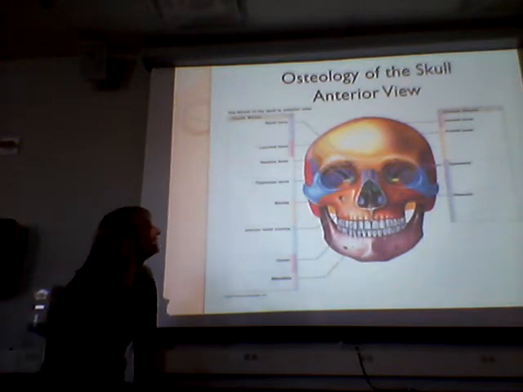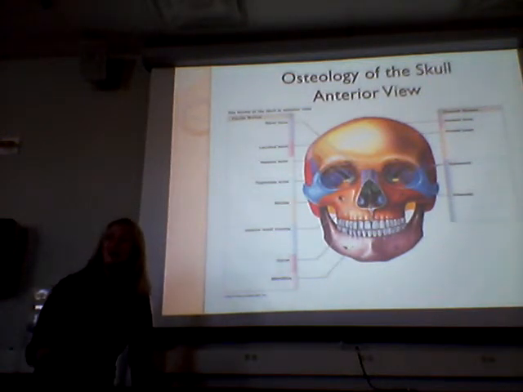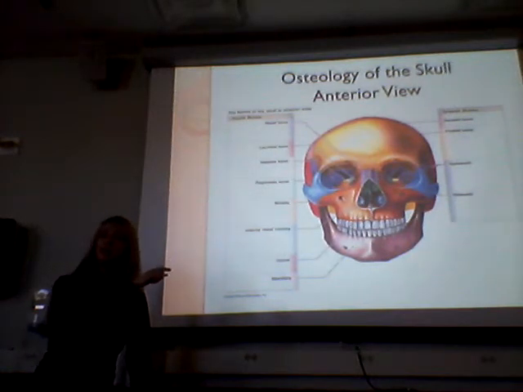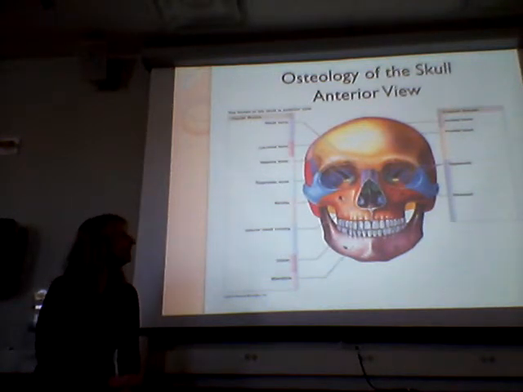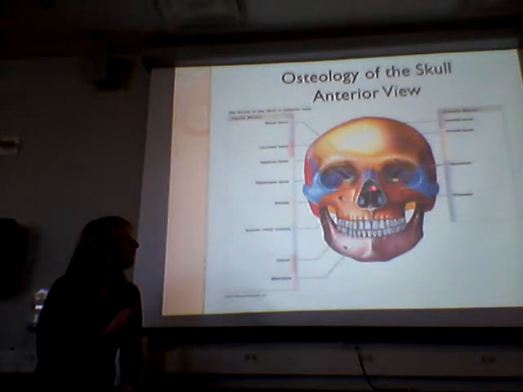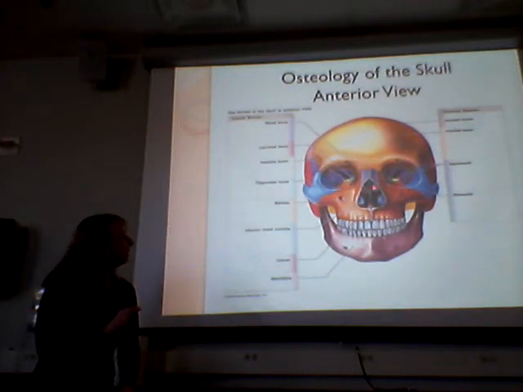Yeah, the middle nasal concha is not a bone. It's actually a projection off of the ethmoid bone. And there's also a superior nasal concha, which you can't see here, but this is a little something that could catch you out. Dr. Kelly, I'm sure would. So, all right, then this is the perpendicular plate of the ethmoid, and we're going to look at the ethmoid in a little more detail later.